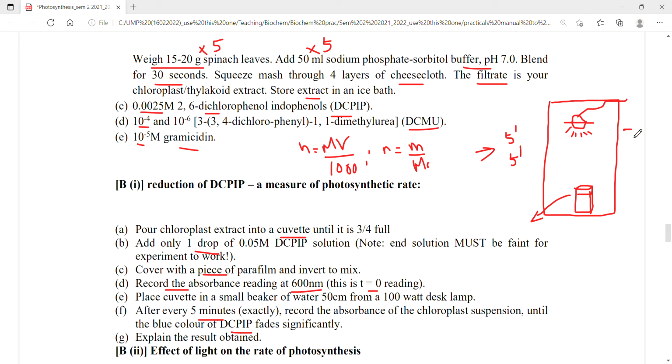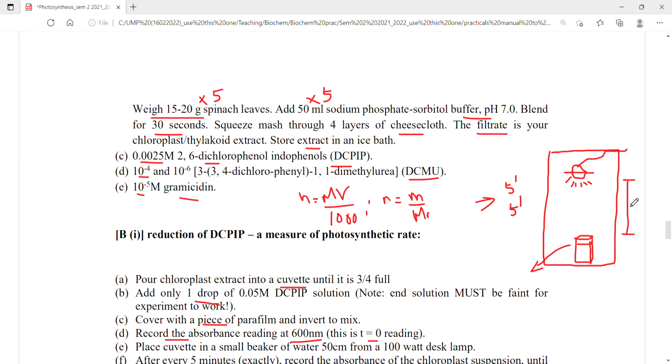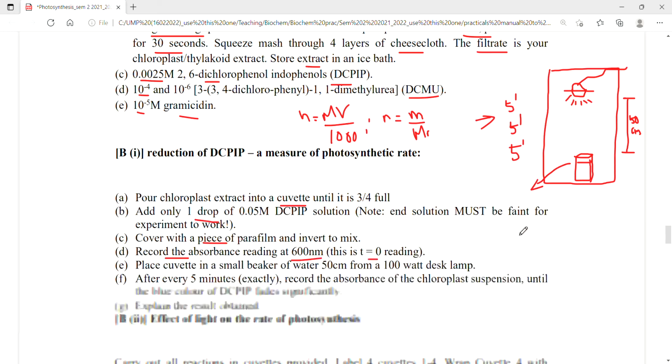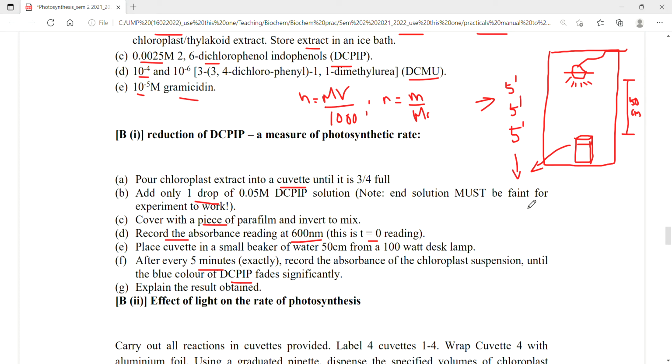The distance of the light must be as indicated, 50 cm. Every 5 minutes, probably we will do it until 30 minutes, and record the absorbance. So what will happen to the absorbance? Is it going up or is it coming down?